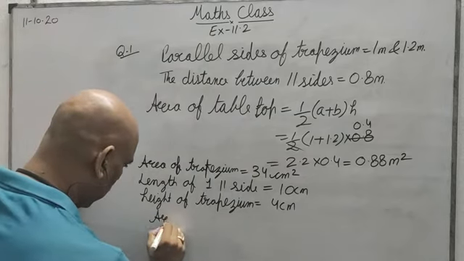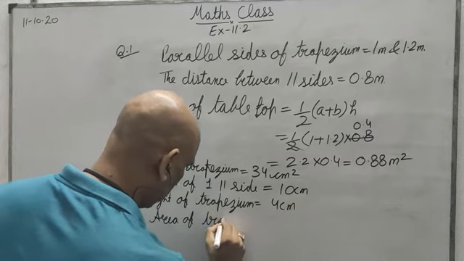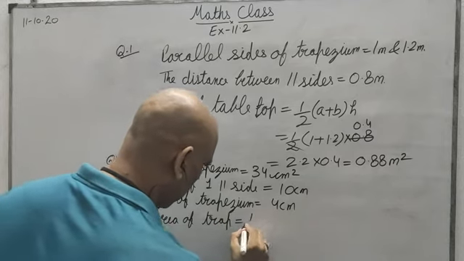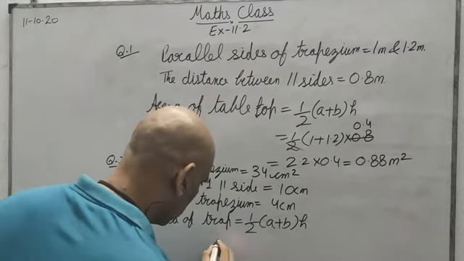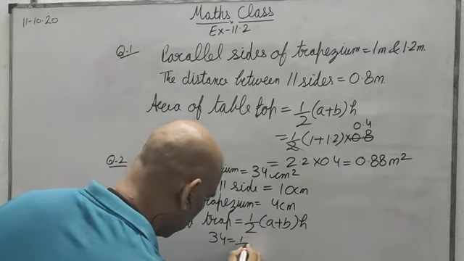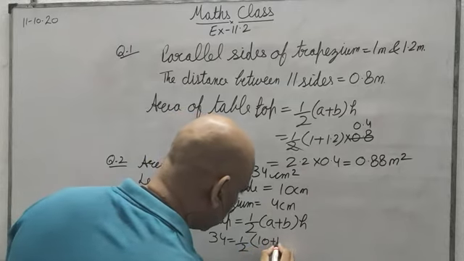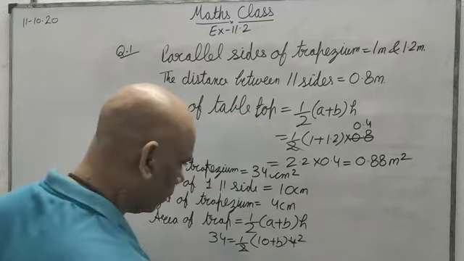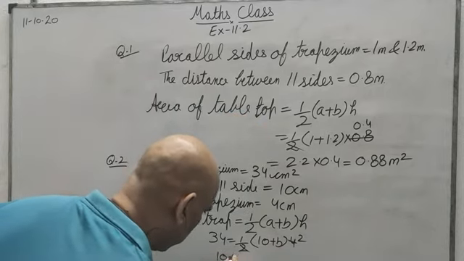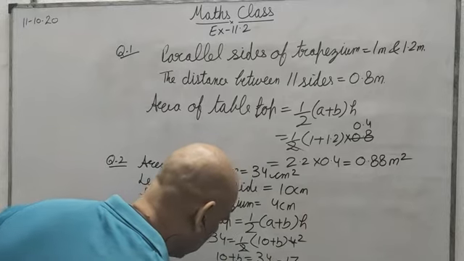So area of trapezium is equal to half A plus B into H. 34 is the area, half 10 plus B, H is 4. This is cancelled by 2. So 10 plus B is equal to 34 upon 2, that is 17.